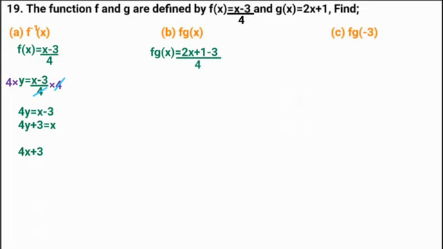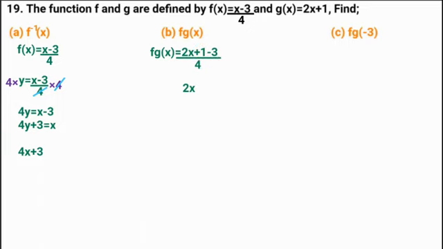Then I'm going to write fgx. I'm going to write 2x, then I'm going to simplify first this 1 minus 3.